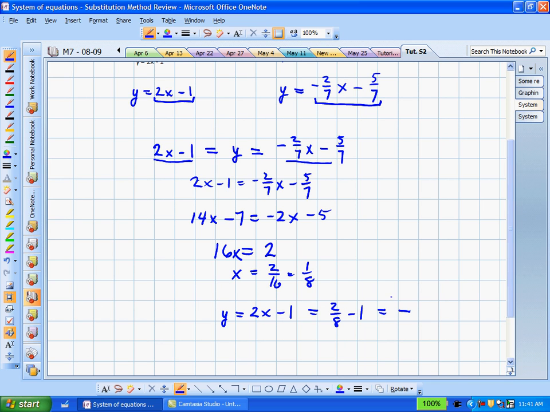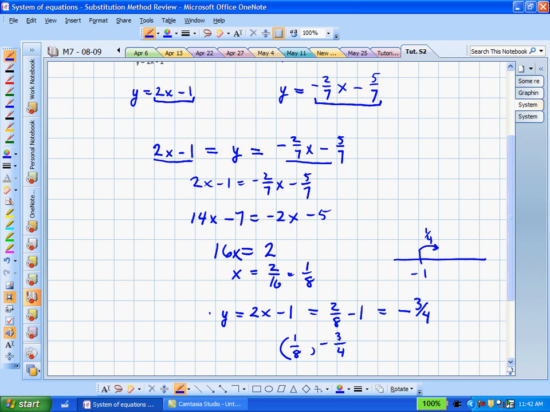What's negative 1 plus a quarter? Here you are at minus 1, and we're going to add a quarter. Negative 3/4. Great. So we believe that the point where these two lines intersect has an x coordinate of 1/8 and a y coordinate of negative 3/4.